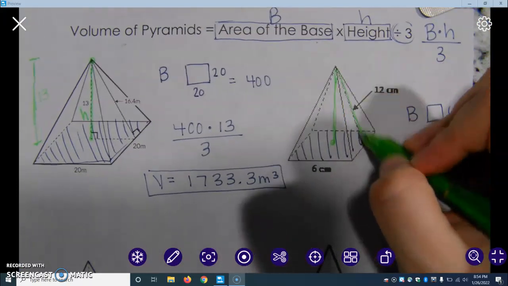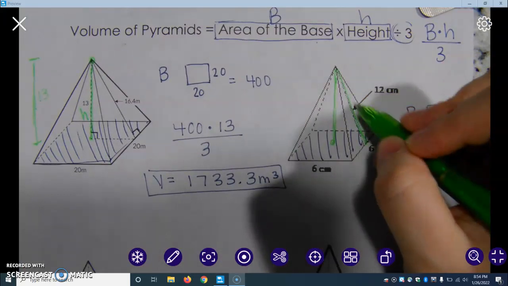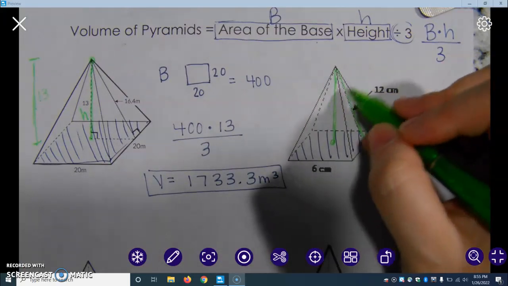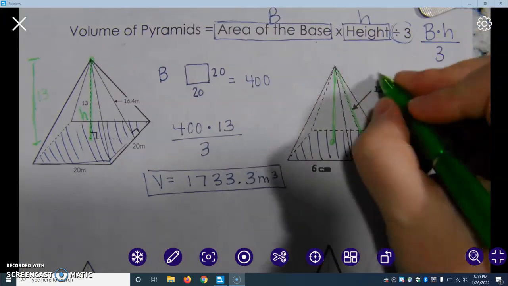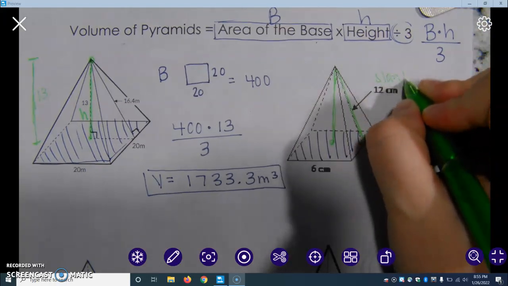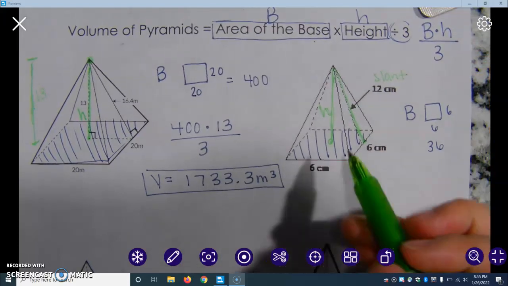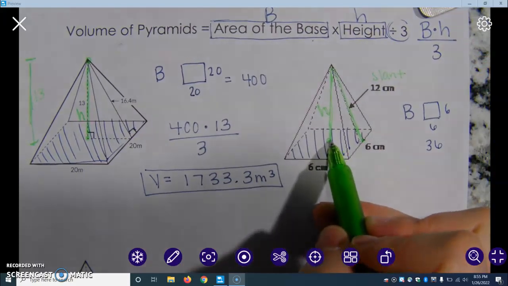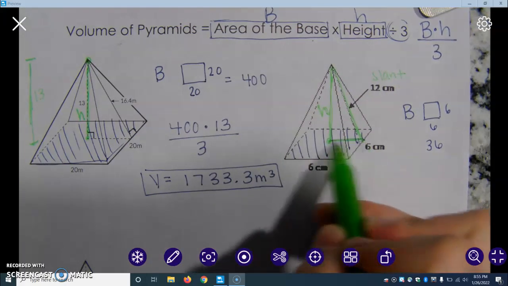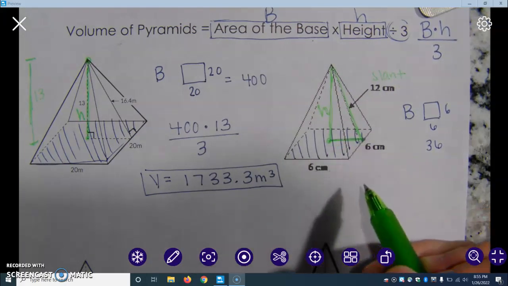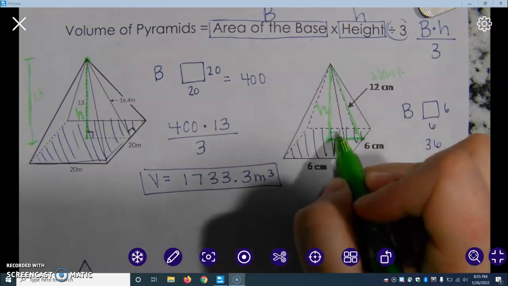That 12 is pointing to the triangle, and the triangle is slanted. It's a side. So that's actually called the slant height. So we don't know what the height of this pyramid is. I don't know if you can tell, but if I go from the center of this square to the edge of the square, I just made a right triangle.